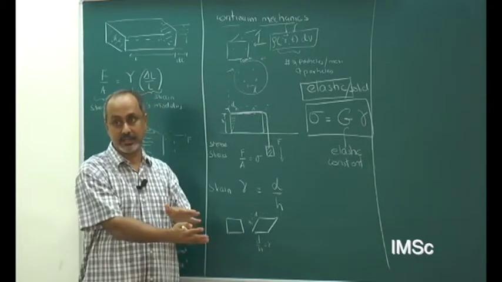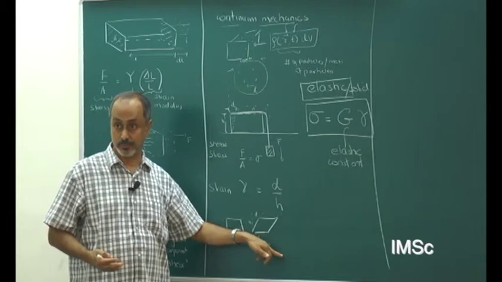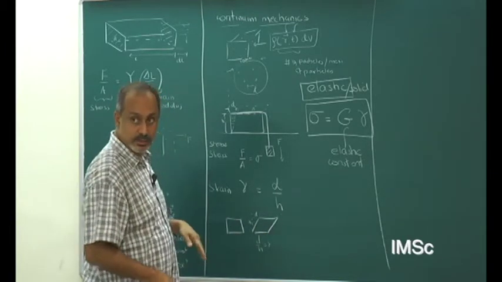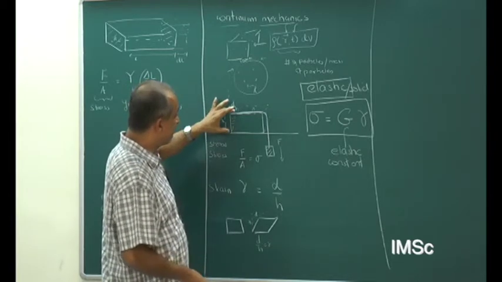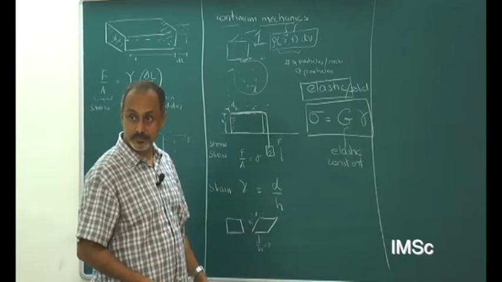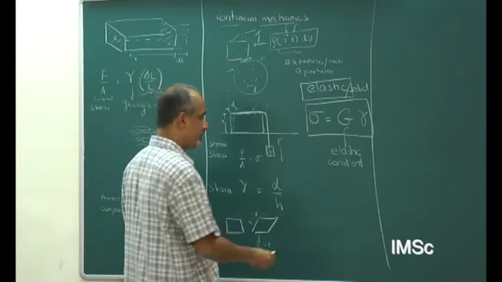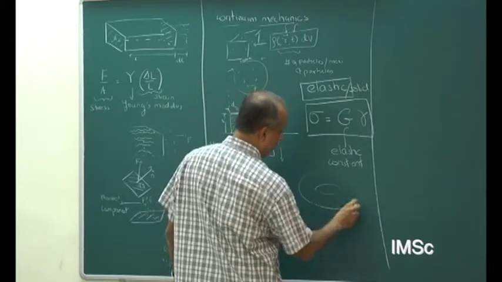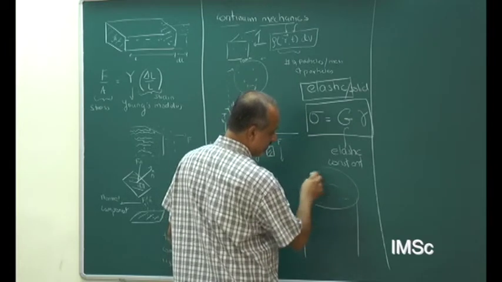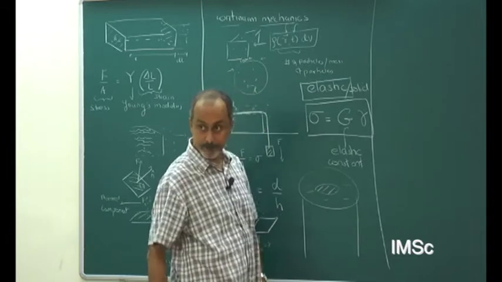For a liquid on the other hand, if I deform it without, very importantly, changing its volume. So these deformations, the simple one that I showed you here, is an example of a deformation that keeps the volume fixed, but just changes the shape. So how do we do the experiment on liquid? One way it's done is to take, for example, two concentric cylinders, put the liquid in between, keep the central cylinder fixed and rotate the outer cylinder.